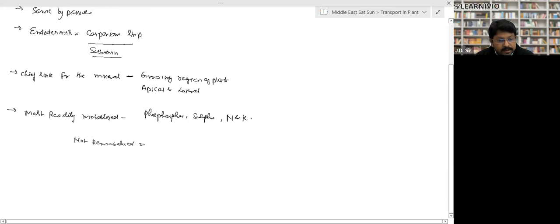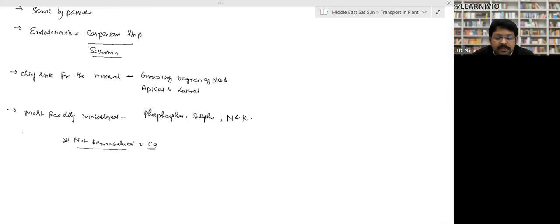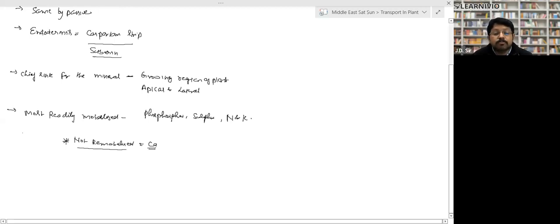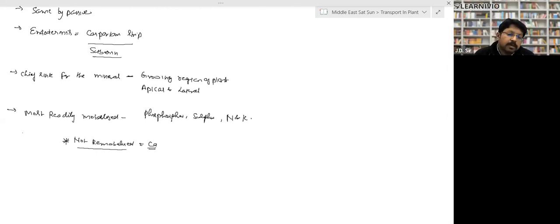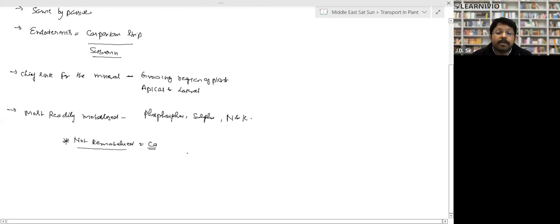like calcium. Please listen to me carefully. This is a very confusing point in NCERT. Many students ask me, sir, in this chapter it is written that calcium is not remobilized, and in the next chapter, mineral nutrition, it is written calcium is a mobile element, which is correct? Look, this is not the case of mobilization.